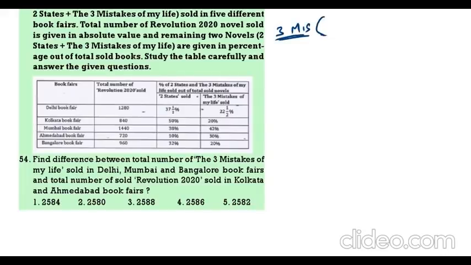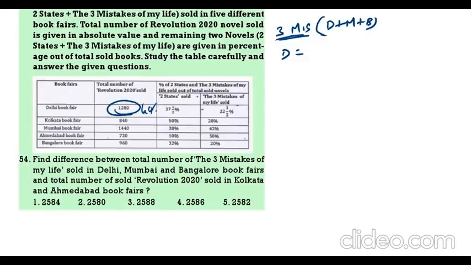Delhi, Mumbai and Bangalore. First Delhi. 1280 is 40%. 40% is 1280, because this is 60%. 40% is 1280 means 32.